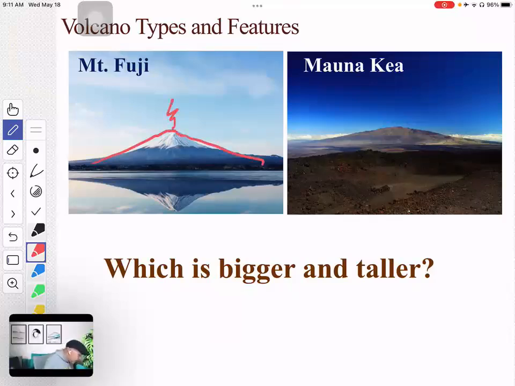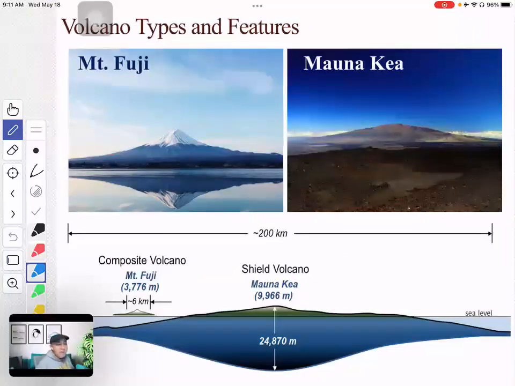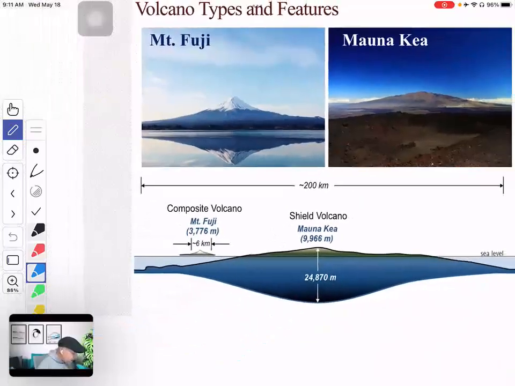Or is it Mauna Kea, a classic example of a shield volcano? You might be tempted to say that Mount Fuji is the one, but you would be wrong, because in fact, the size of Mount Fuji doesn't compare with the size of Mauna Kea.